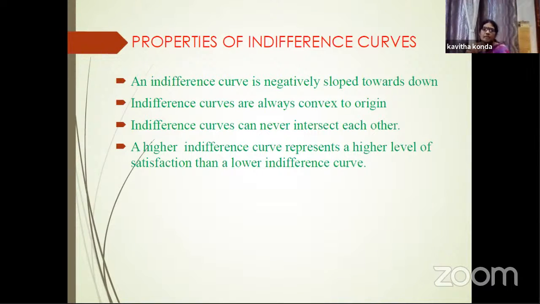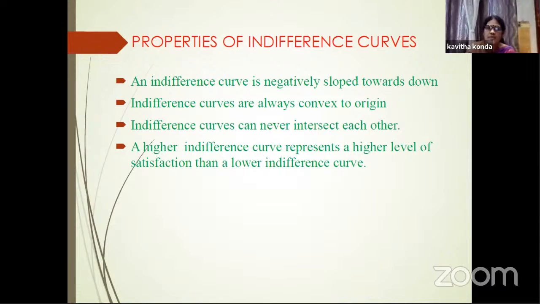If one is falling, the other increases. If you take the OY axis here, if OY is declining, then OX will increase. The X units will increase. Means it shows a negative slope here. The substitution can be shown here, and the changes can be noticed in this curve when it is negatively sloped. So it is a negative sloped curve.